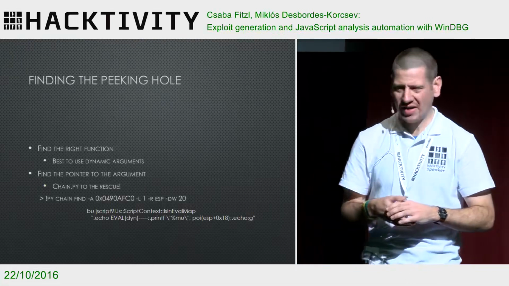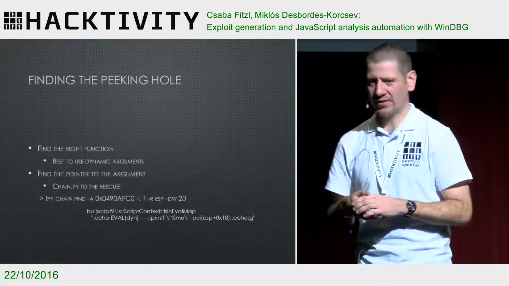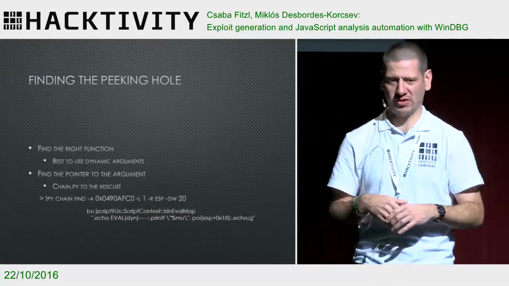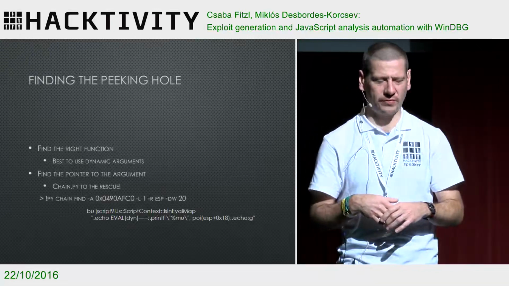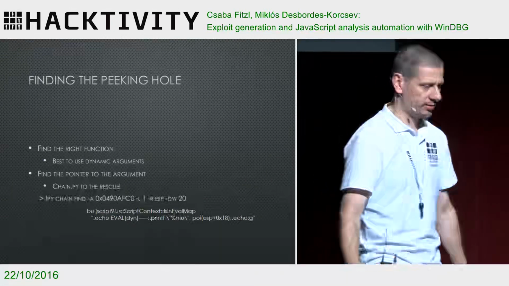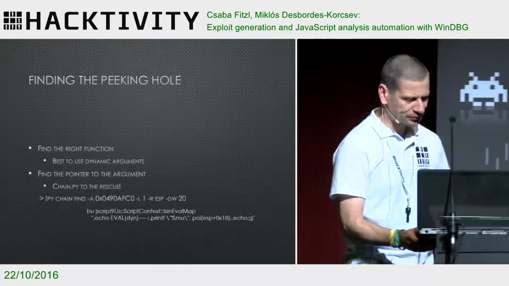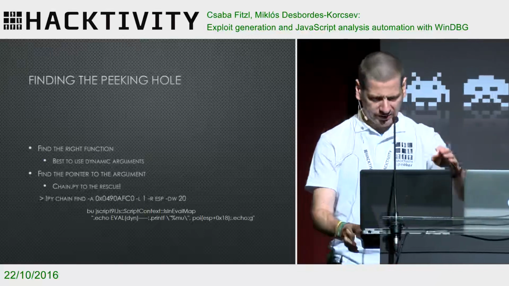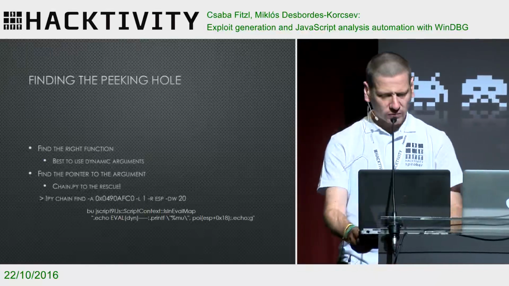WinDbg has the nasty tendency to load all that debug information into memory. So if you're running this from a virtual machine, you better allocate a lot of memory for the VM, otherwise it's going to crash the debug session.